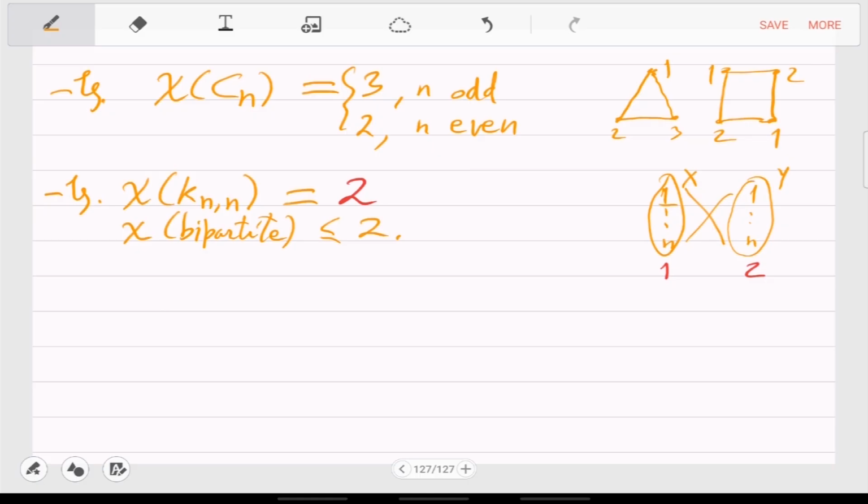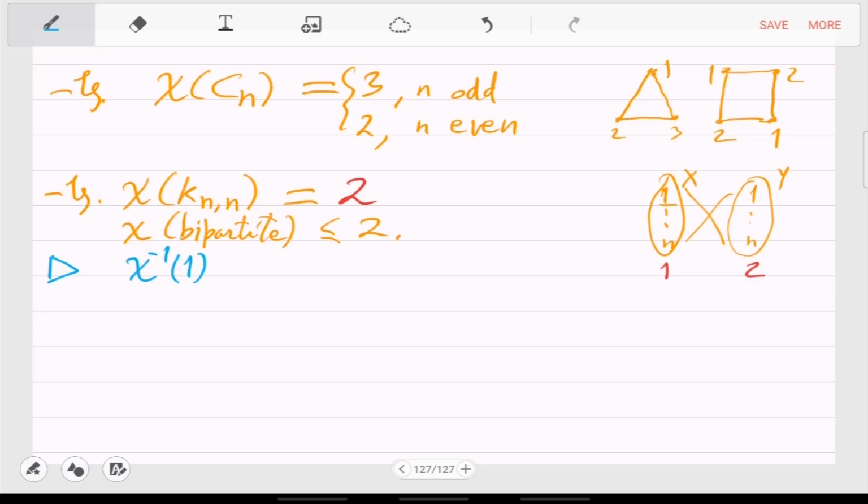Right, so one simple property that you can deduce from the definition is about vertices that are colored with the same color, say 1. So let me call this chi inverse 1, right? So look at a color, say 1, and look at its pre-image, which is all the vertices which are colored 1.